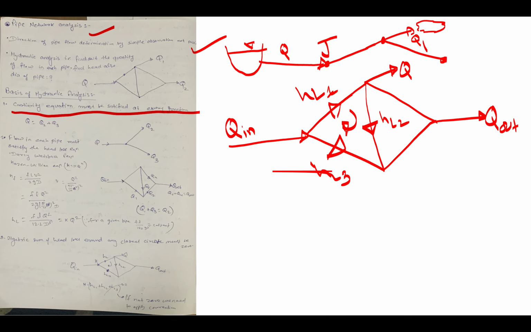This is a closed circuit. Let us suppose initially your total head was capital H. So this minus all this head loss, that is H1 plus H2 plus H3, must be zero.